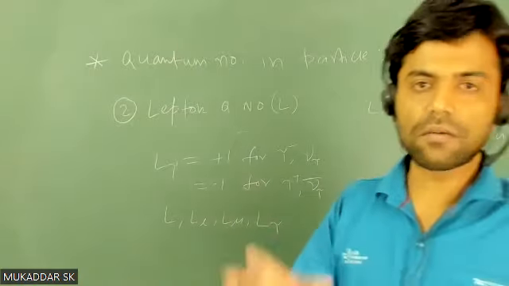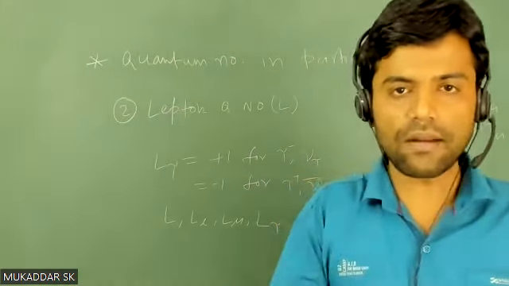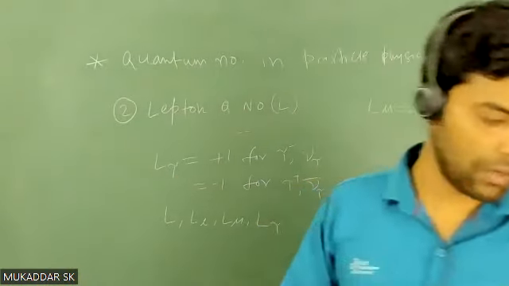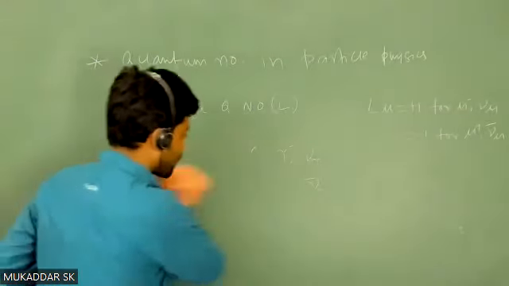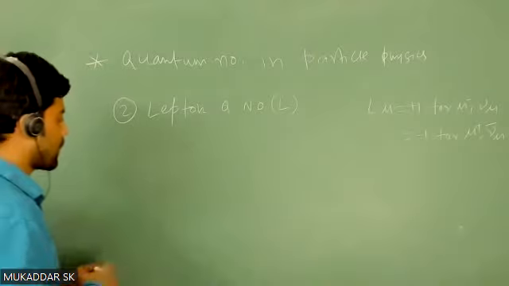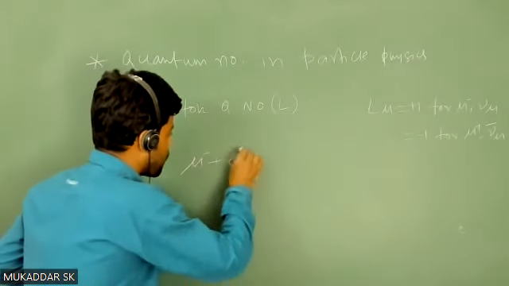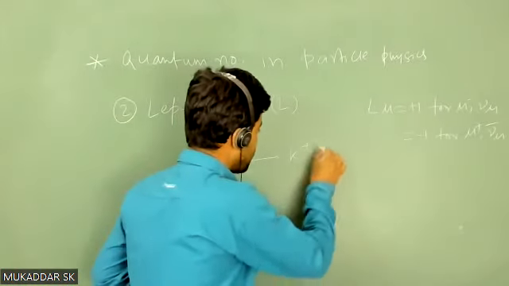And how will you check? You just have to take the addition of the total lepton quantum number of the reactants and of the products. Now suppose you have a case like this: mu minus interacts with a positron and produces K plus and K minus.